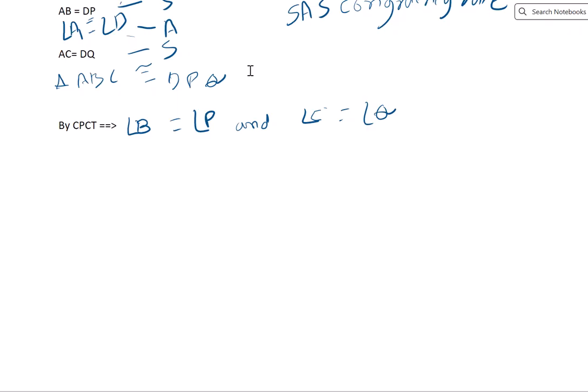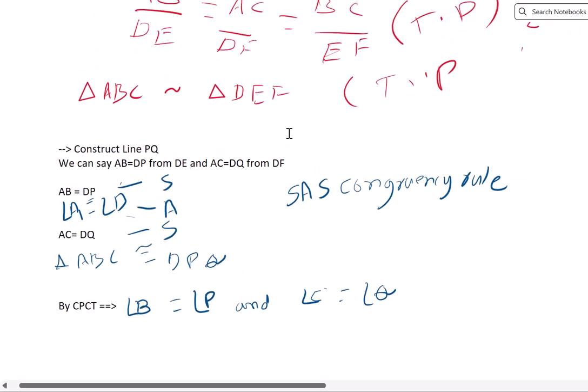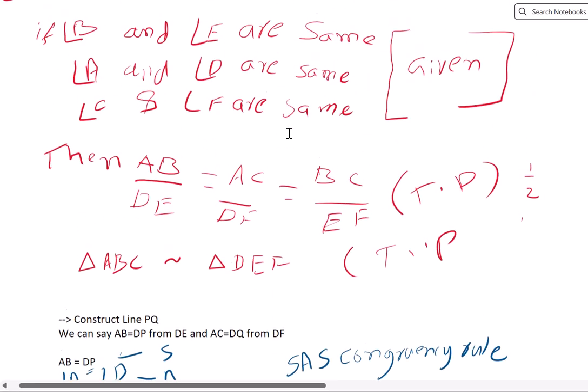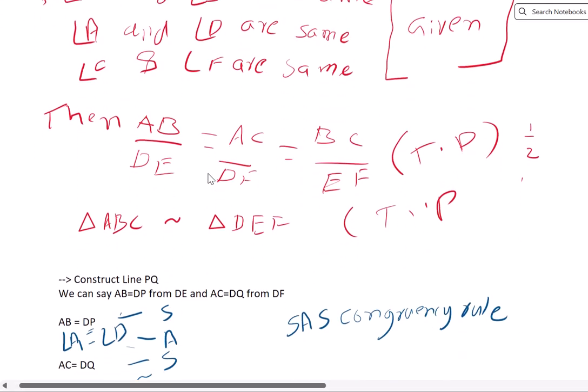The next thing, after we write these by the CPCT rule, now go back to what is given. The given one is angle B equal to angle E. Let's write that given.